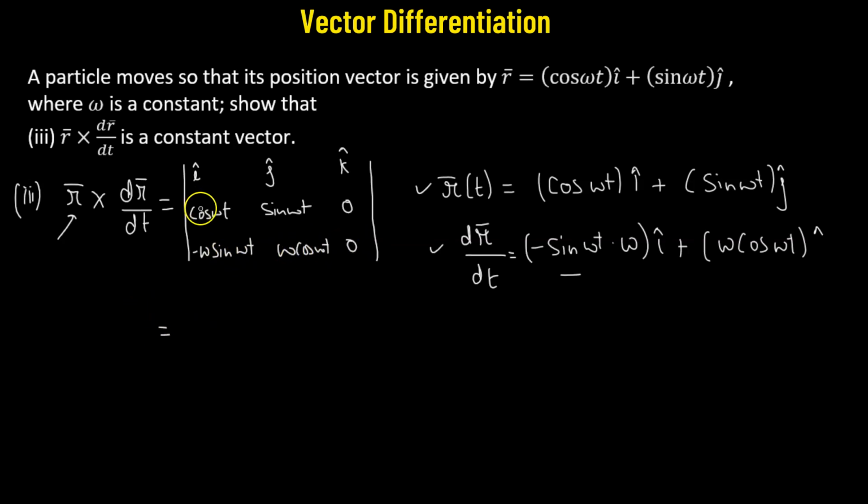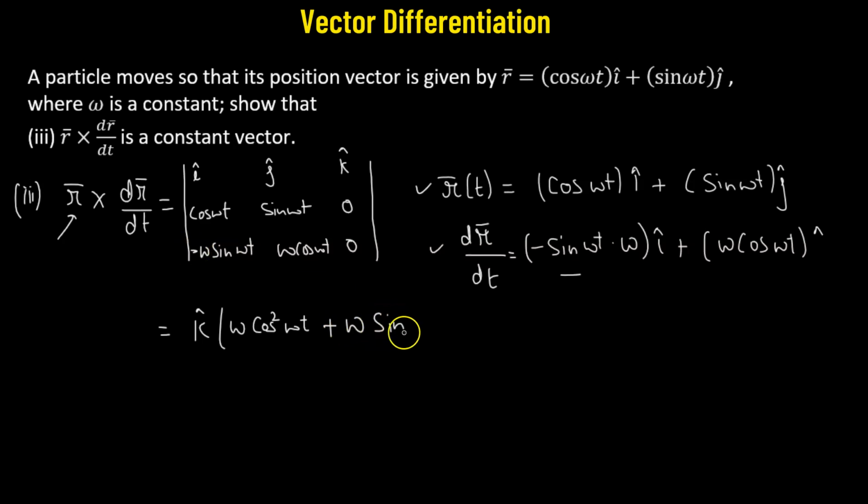So we will expand along the first row. Here we will only have the component of vector k. So that will be k cap multiplied by cosine omega t times omega cosine omega t, which is omega cosine squared omega t, minus omega sine omega t multiplied by sine omega t, so that's omega times sine squared omega t. But since there's a negative sign here, this will become positive.